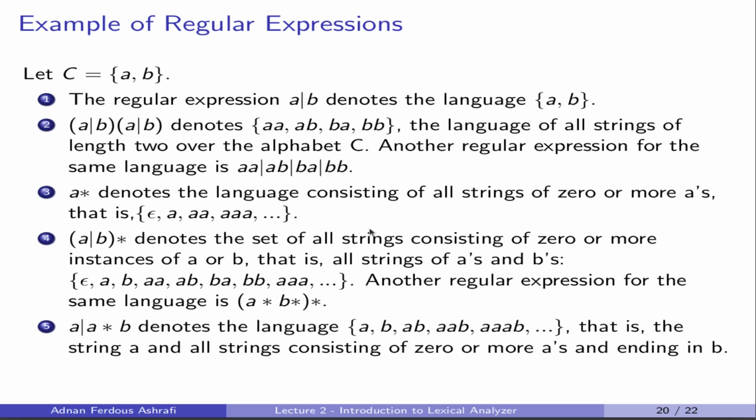Because a|b মানে হচ্ছে language of a union language of b, right? So এই দুটোকে আমার ইউনিয়ন করতে হবে। সো তার মানে হচ্ছে আমার কাছে যে অ্যালফাবেটটা ছিল Σ, সেই দুটাকে আমি যদি এখন ইউনিয়ন করি {a} union {b}, which becomes {a, b}, right? So that means a|b denotes the language {a, b}.